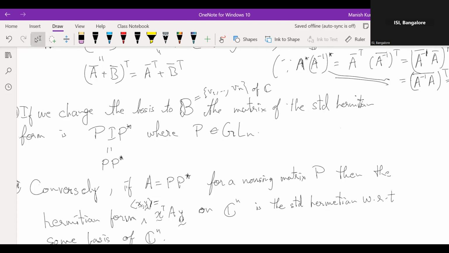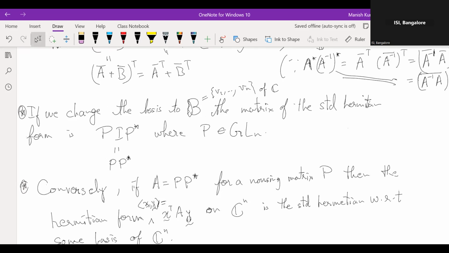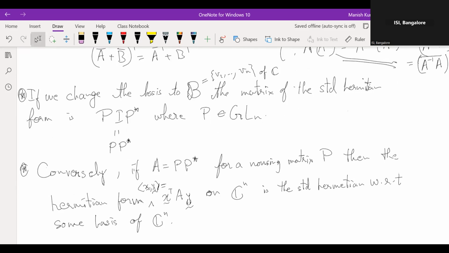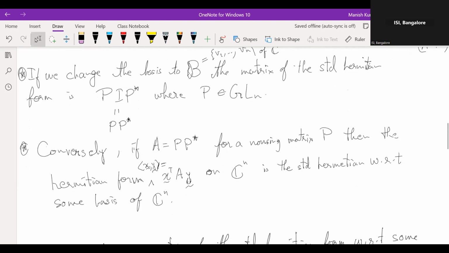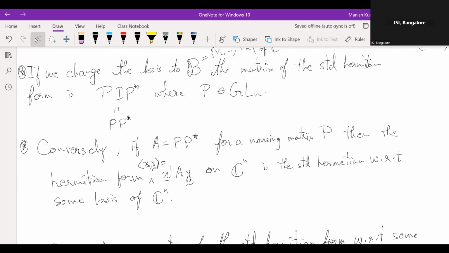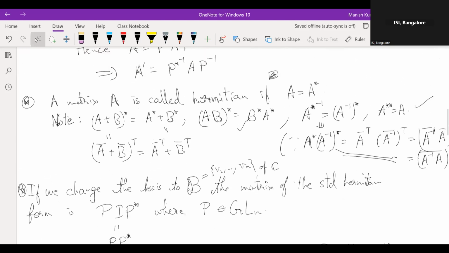You can also write it as P star P, by replacing P star by P. And conversely, if A is P star P for some non-singular matrix P, then the Hermitian form on Cn is the standard Hermitian form with respect to some basis of Cn, because of this result which we proved.